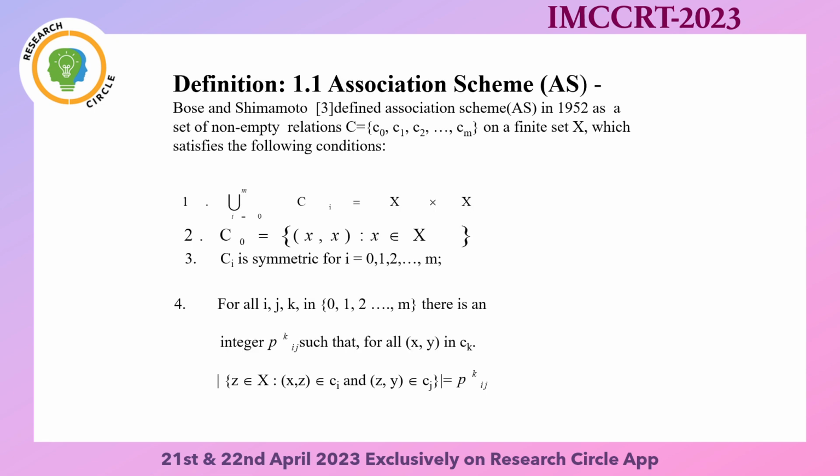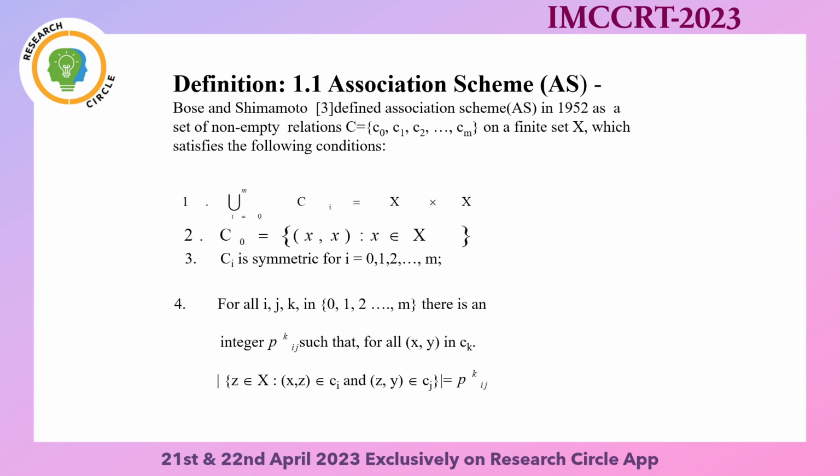Next we define association scheme. Association scheme was defined by Bose and Shimamoto as the set C of non-empty relations, say C0, C1 up to Cm on a finite set X, satisfying the four conditions as mentioned in the slide.